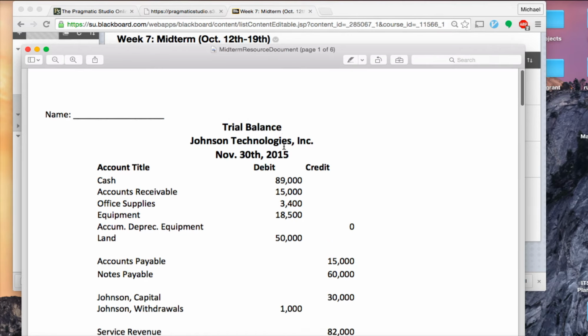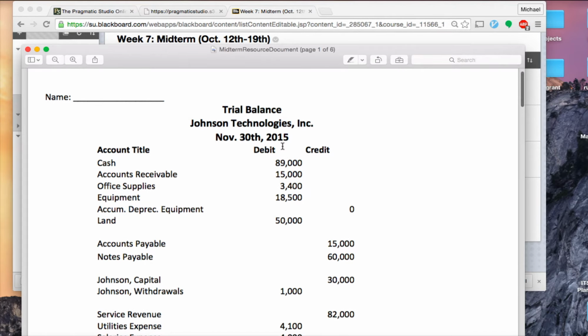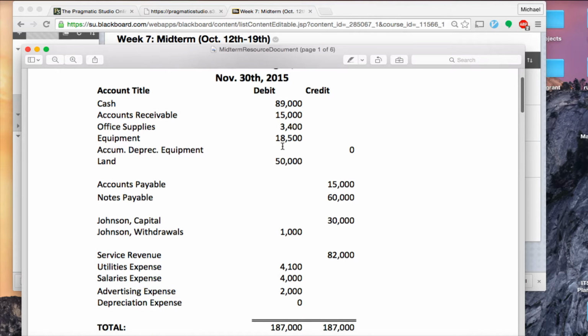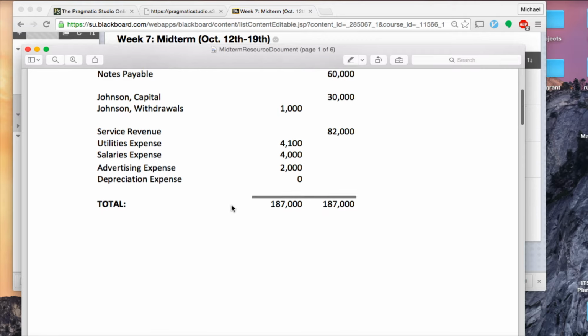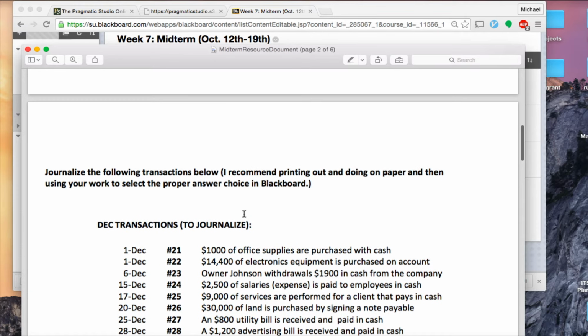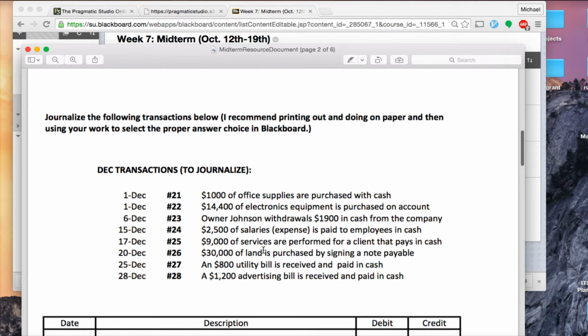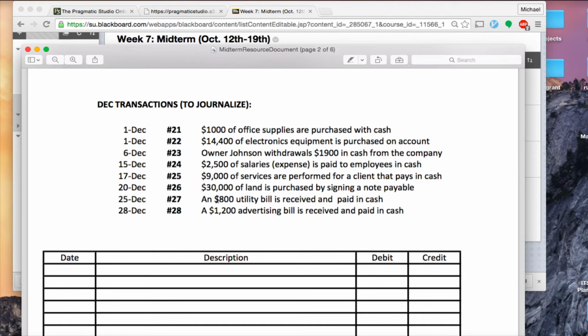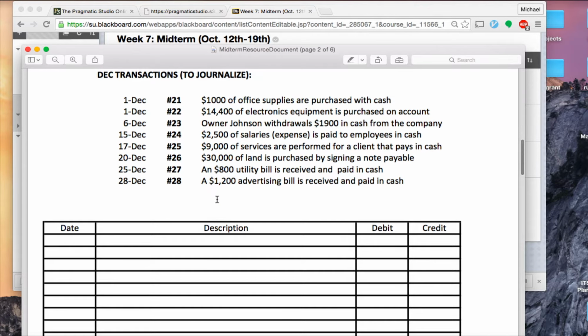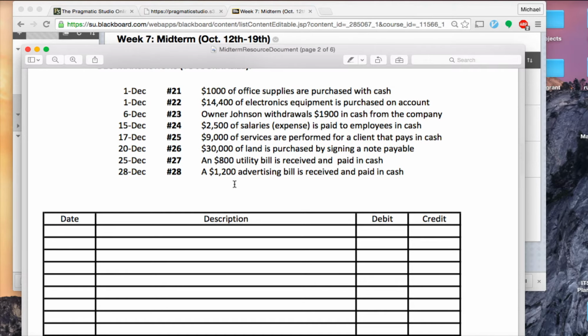It's a PDF and it's 6 pages long. The first page is just a trial balance that gives you just the starting balances in all these accounts. Then the second page is some journal entries that you're going to want to do. And like I said, I recommend that you print out this resource document, do everything on the paper first, and then transfer it over.